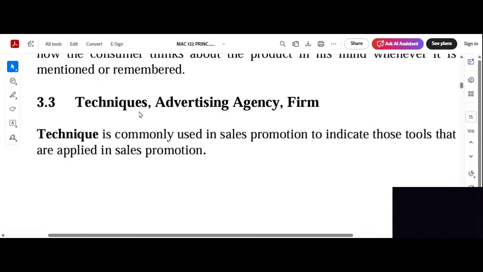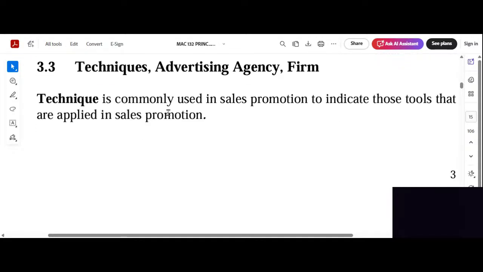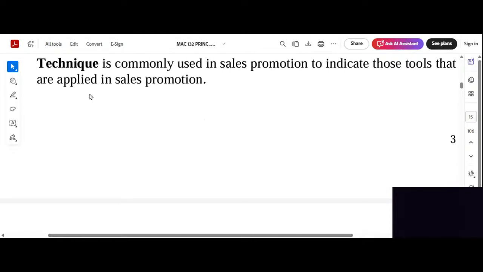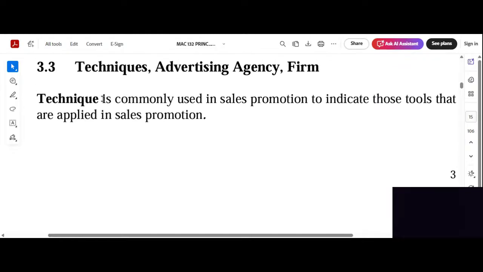The other thing we're talking about is techniques, advertising agency, and firm. But do we still have the time to do that? Because we must check. So let's see, technique. Technique is commonly used in sales promotion to indicate those tools that are applied in sales promotion.